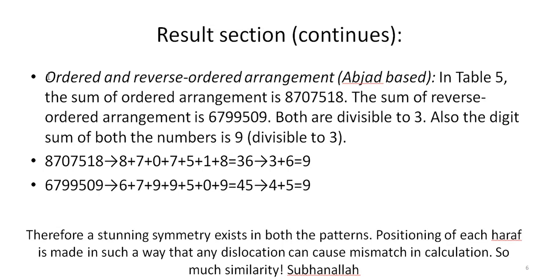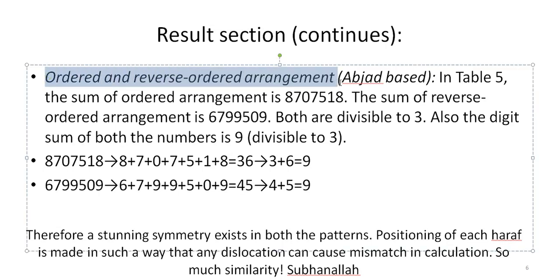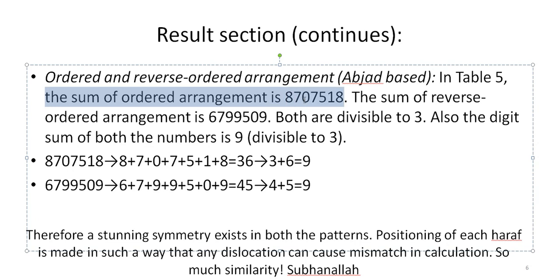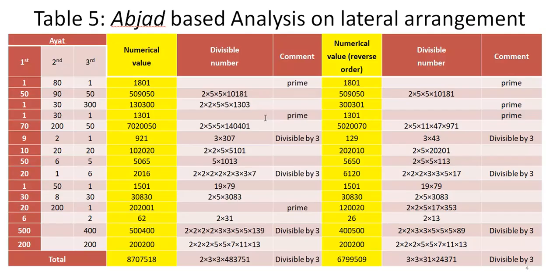Next slide. Ordered and reverse ordered arrangement in table 5. The sum of the ordered arrangement is this number, and the sum of the reverse ordered arrangement is this number. These are the two numbers, 870-7518 and 67990509.